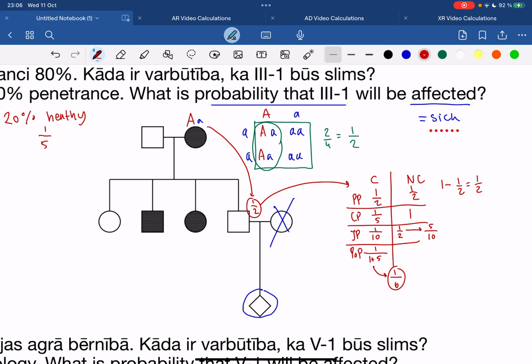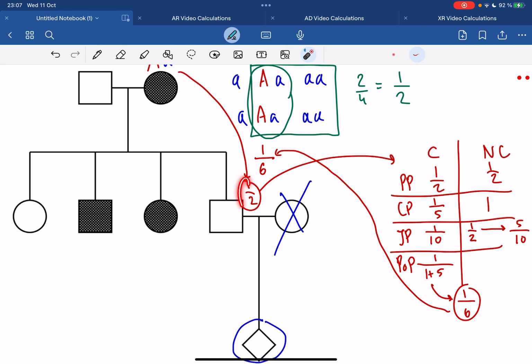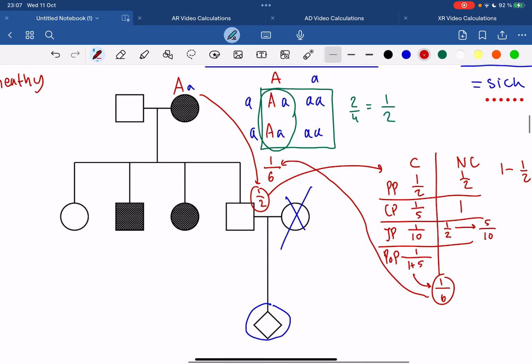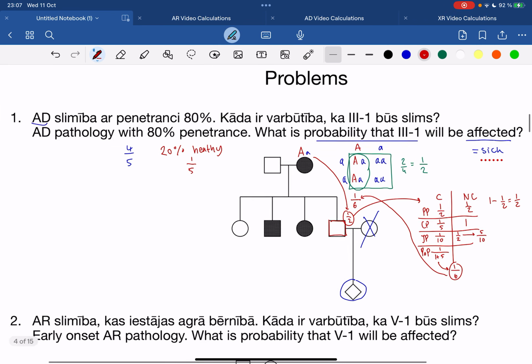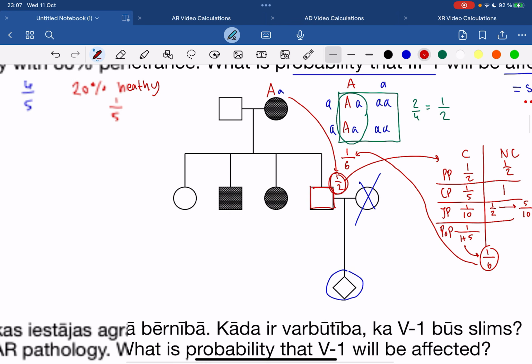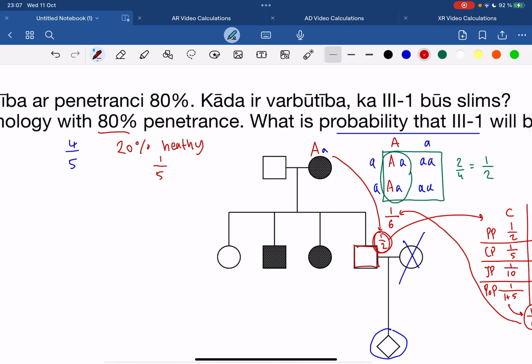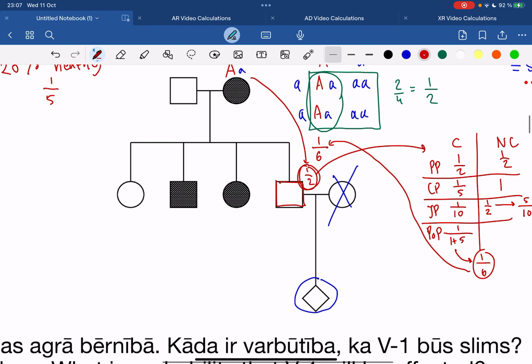So this guy right here has an updated probability of 1 in 6, not 1 in 2 anymore. Why? Because the chance of him being healthy and carrying this unhealthy allele is much lower than 1/2 because of the penetrance being 80%. So that's his value right there.